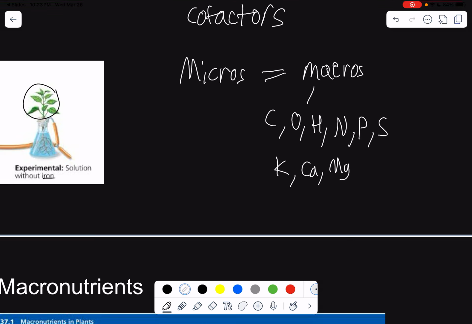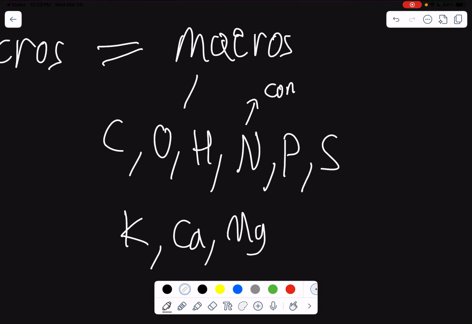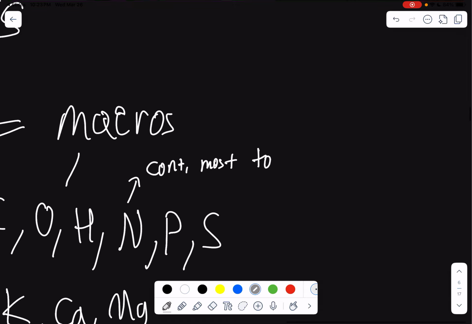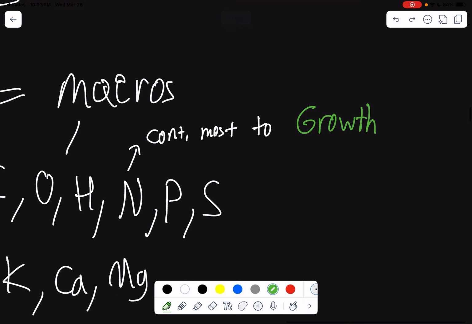Out of all the mineral nutrients, nitrogen contributes the most to plant growth. And plants require nitrogen as a component of proteins, nucleic acids, chlorophyll, and other important organic molecules. The next table will summarize the function of these macronutrients.